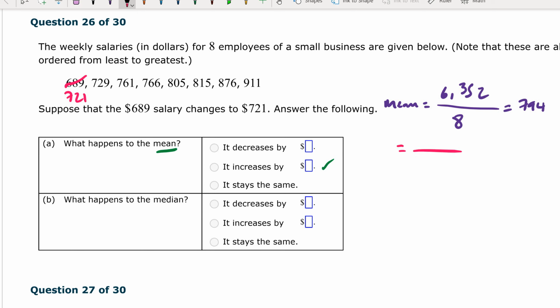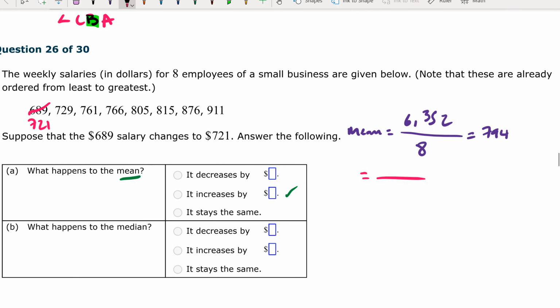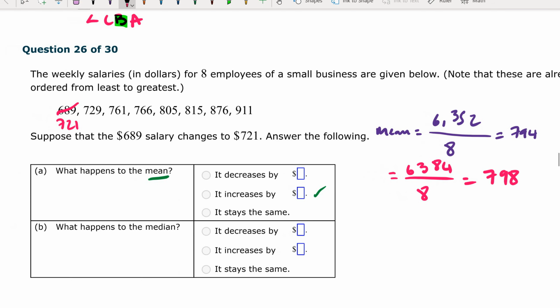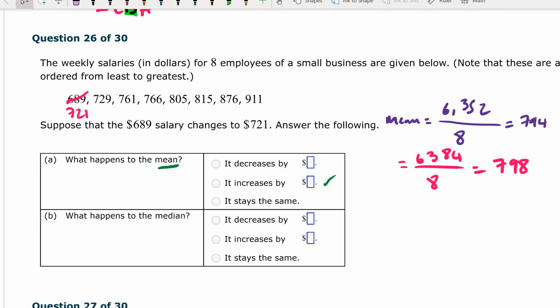Let me try it one more time. 729, 761, 766, 805, 815, 876, 911. Okay, that's what I missed. That is 6,384 divided by 8. That is 798. So as you see, when you replace 689 by 721, the mean increased by 4. So the answer is increasing by 4.